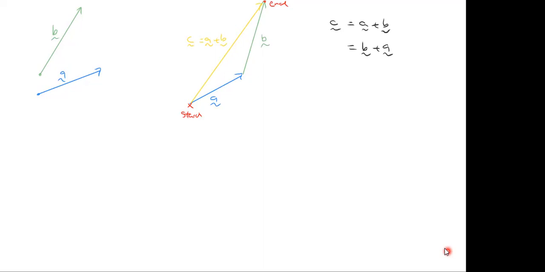But instead of thinking of this as A plus B, let's think of this as C. Then if C equals A plus B, what we're really saying, in other ways we could interpret this triangle, is C minus A must equal B, or C minus B must equal A. So if you think vectors kind of work like numbers, then if this is true, then these two must also be true, right?